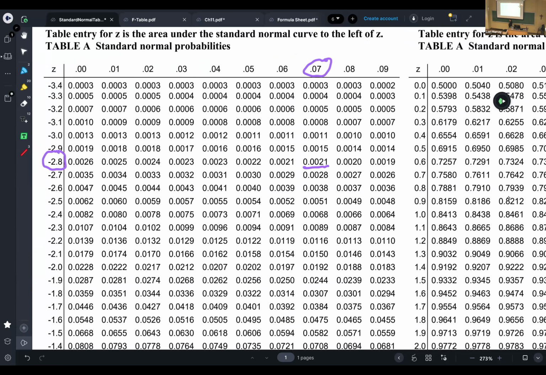Everyone agree that's what the p-value would be? 0.0021. Is that considered a small p-value or a large p-value? Well, it's a probability, right? So in the world of hypothesis tests, is it strong evidence against the null or weak? Strong, you bet. It's a very small number. And the smaller the p-value, the stronger the evidence against the null hypothesis.